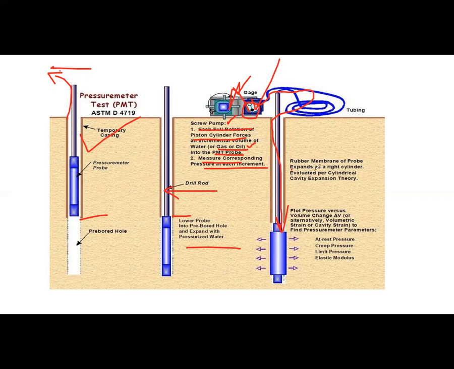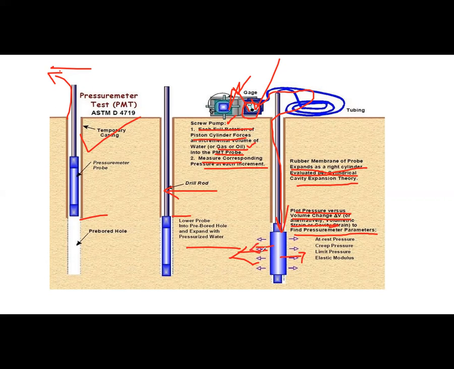The rubber membrane of the probe expands as a right cylinder, evaluated per cylindrical cavity expansion theory. From the plot of pressure versus volume change, the strain and pressure parameters are obtained. The probe increases its size and provides pressure on the side of the borehole.